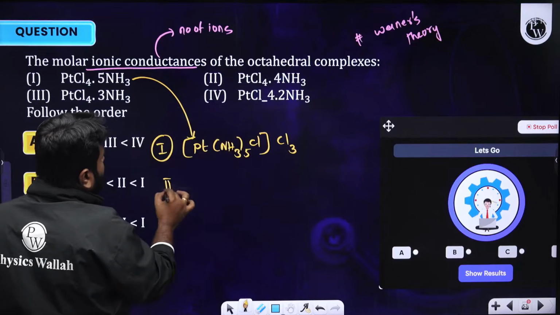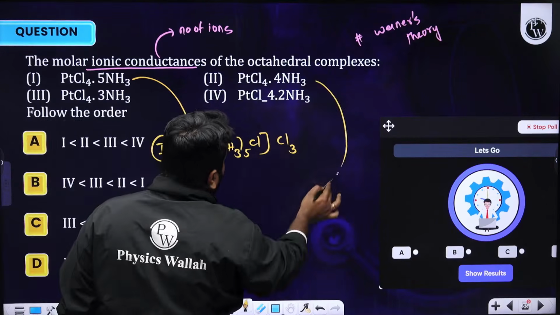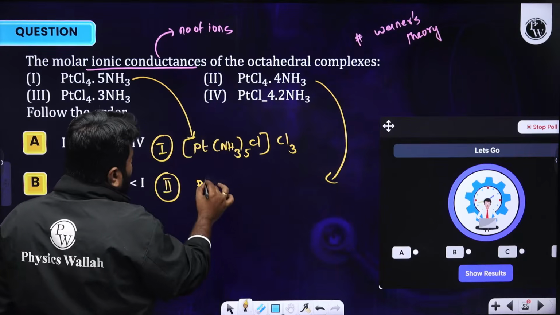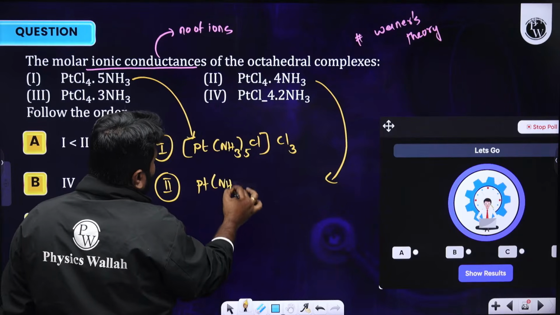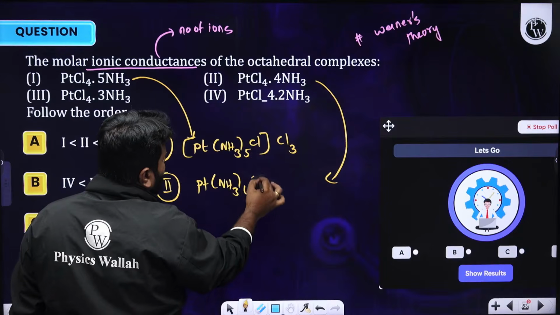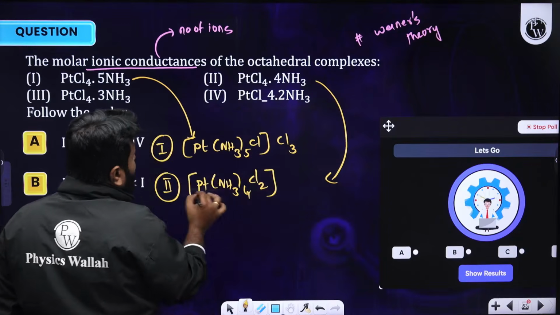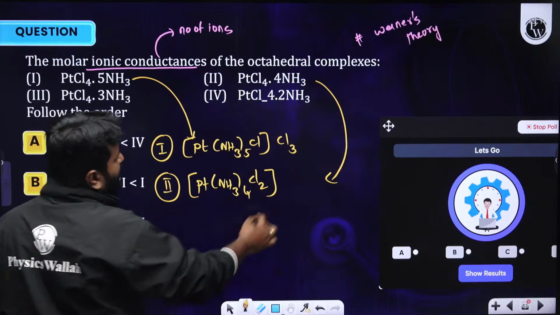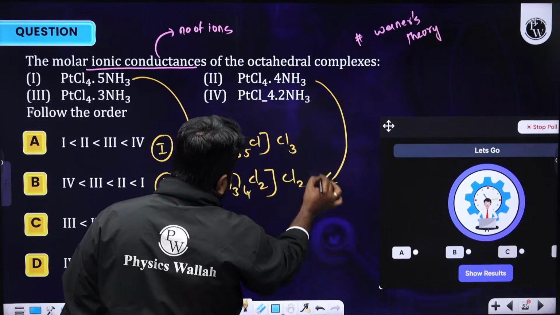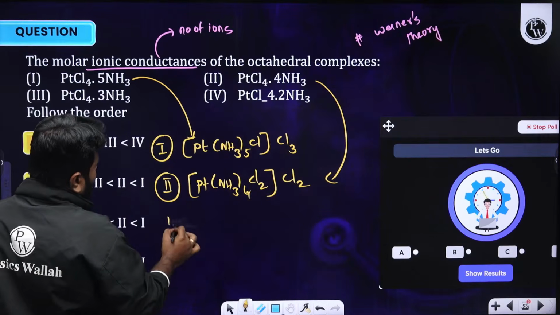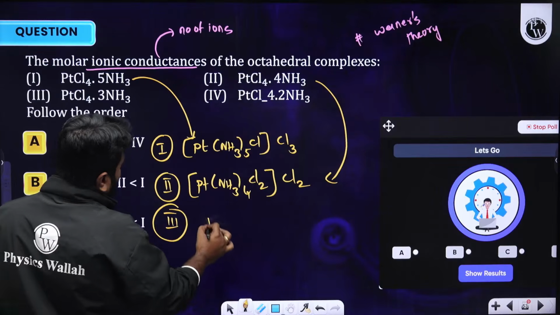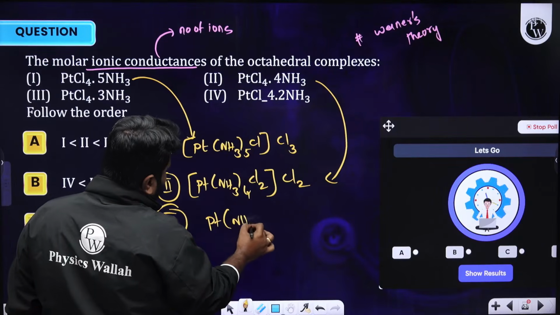Second one. If I take the second one, 4 NH3 is there. So Pt(NH3)4, coordination number 6 complex. So I need to balance by putting 2 Cl. So automatically, balance how many? 4 Cl. So we will be having Cl2 outside. Next, third one, Pt, 3 NH3 is there.